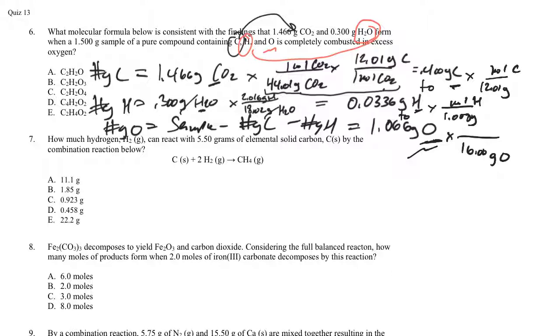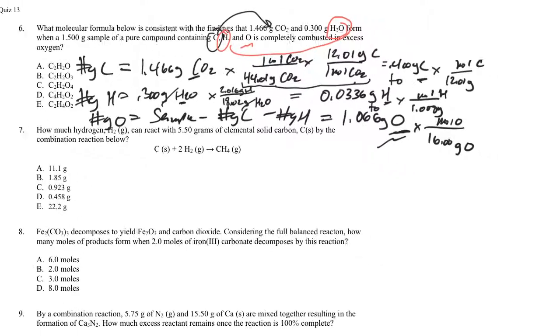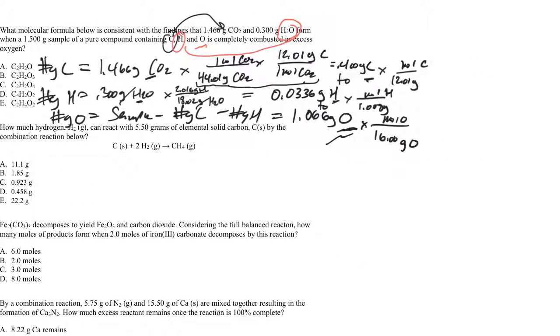It says grams of oxygen, so the molar mass of just the O atom is 16 grams per mole of O. Okay, so our sample here works out to contain 0.0333 moles of carbon. 0.0336 divided by 1.008 works out to about the same number, 0.0333 moles of H. And then oxygen, 1.066 divided by 16 works out to this.